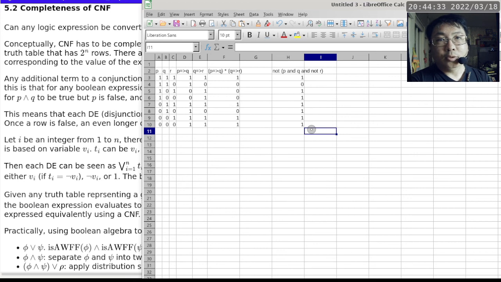Now, if you're not convinced, if you're going like, I'm not sure about that, Tach, then go ahead and check it. Evaluate this very expression for the first row. P, Q, and R are all true, so not R is going to be false. And since not R is part of a conjunction, the conjunction is going to be false.